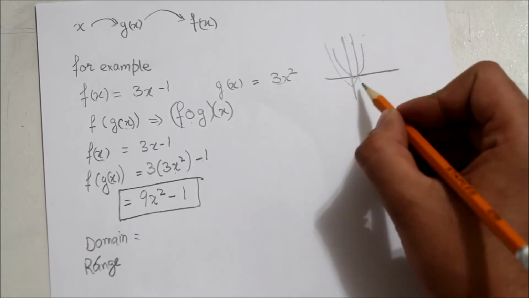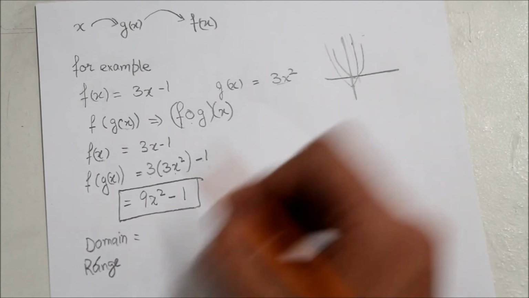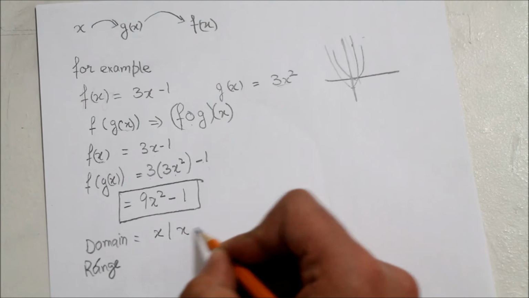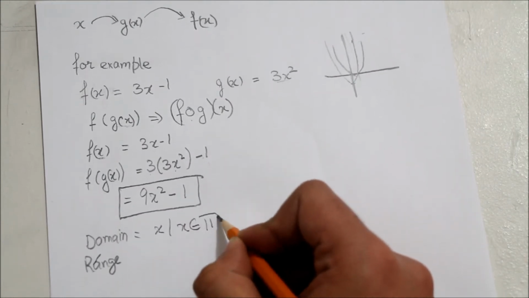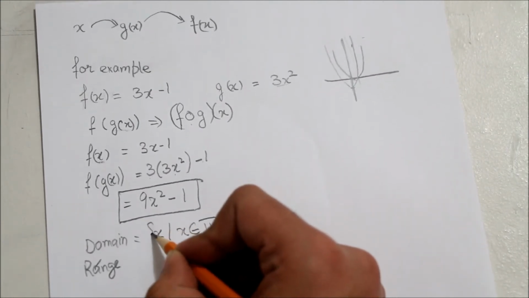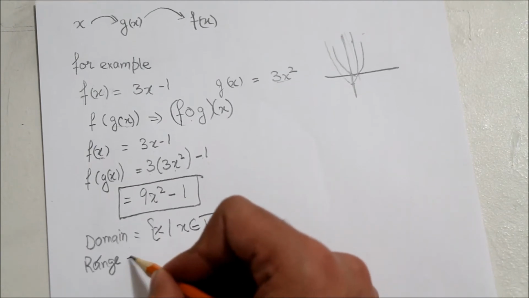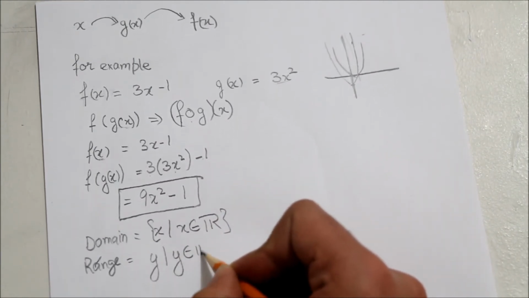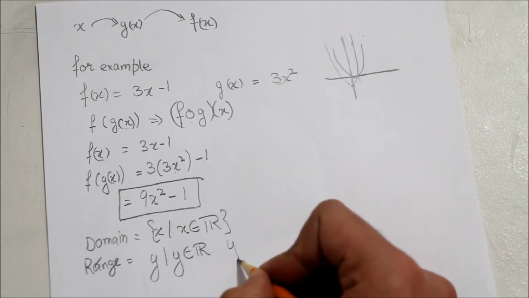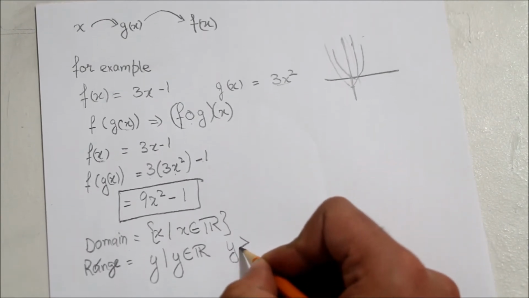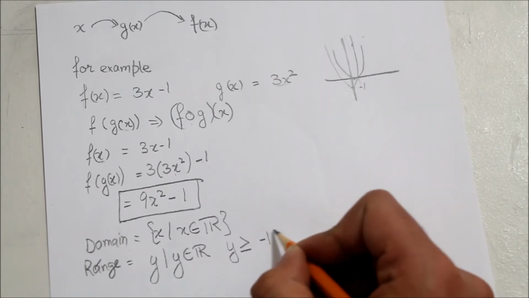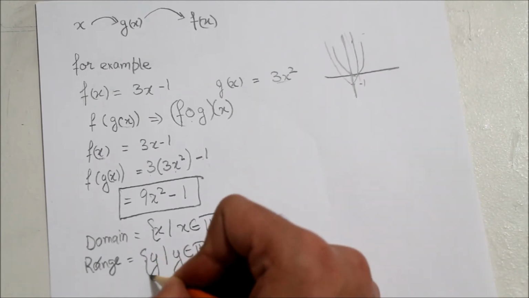And so what we can say about domain is it's going to remain the same: x such that x belongs to the set of real numbers. But its range is changed: y such that y belongs to real numbers and y is always greater than or equal to -1, and this is our range.